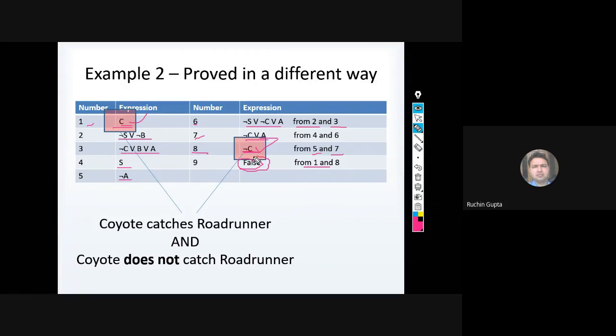So when I get the false, it means that the assumption I have taken, that coyote is annoyed, is going to be false. It means that coyote is annoyed is going to be true.